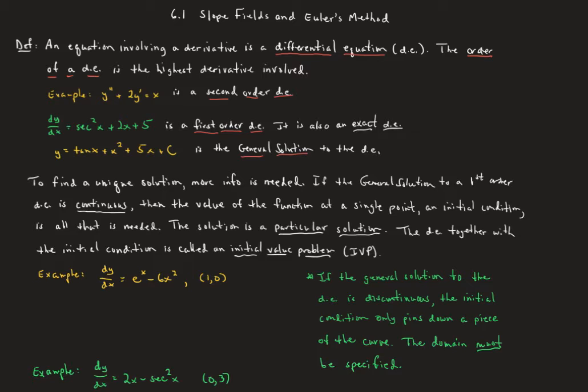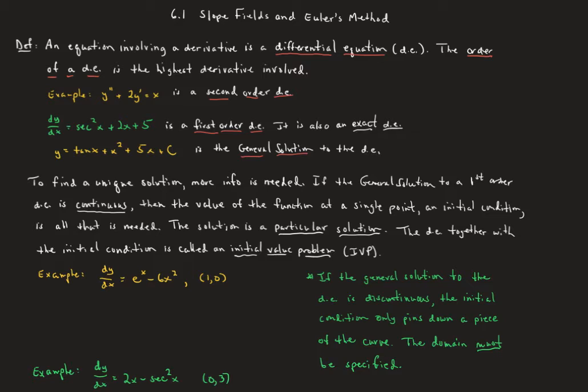To find a unique solution, as opposed to that infinite family of solutions that are given in the general solution, we need more information. So if the general solution is to a first order differential equation and it's continuous, then the value of the function at a single point, which is known as an initial condition, is all that we need.